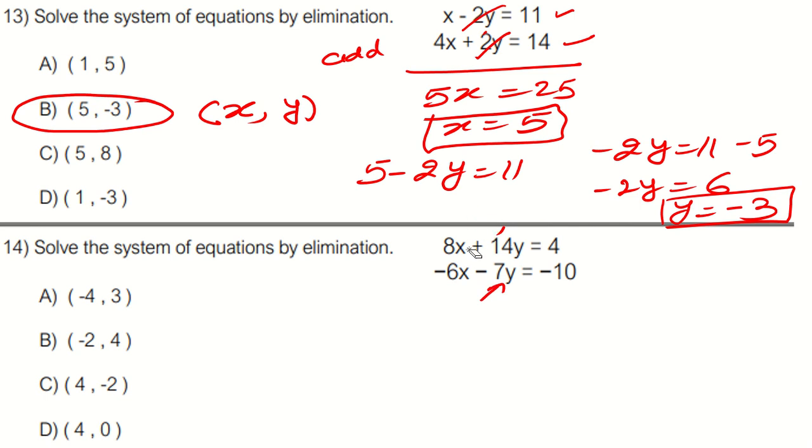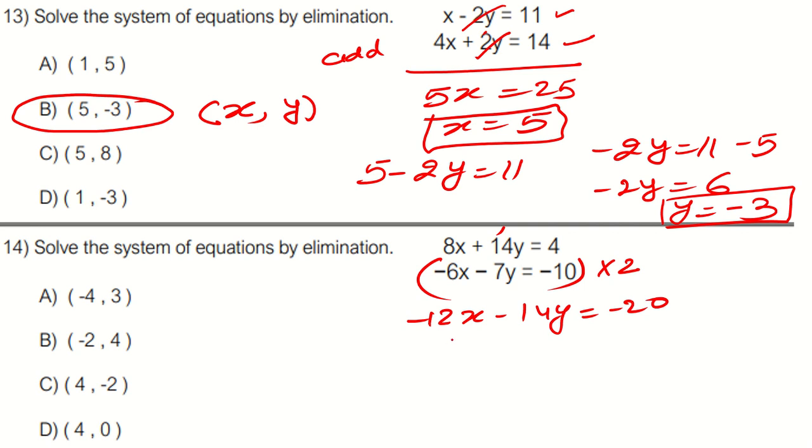But if we multiply the second equation by 2, which means all terms of the equation will be multiplied by 2, then the coefficient of y will be the same, because in the second it will become 14. So let's multiply. It is minus 12x minus 14y equal to minus 20.